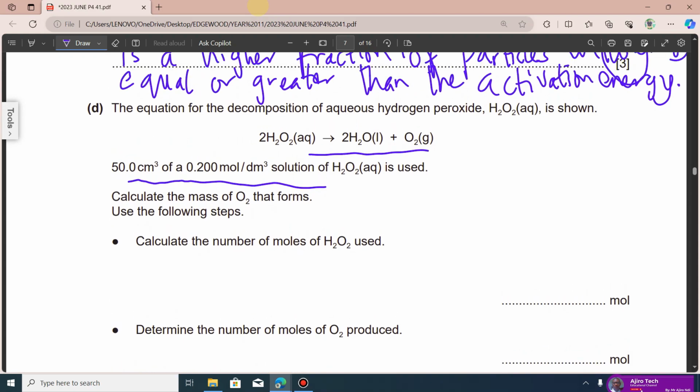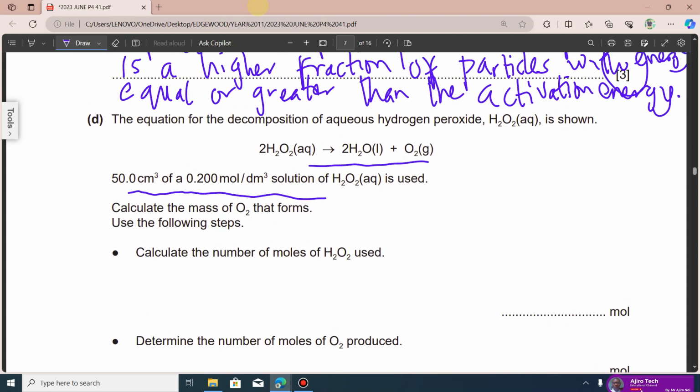So, to calculate the number of moles of hydrogen peroxide used, in this question, we are given the volume of hydrogen peroxide to be 50.0 centimeter cube, and the concentration to be 0.2 mole per dm cube.